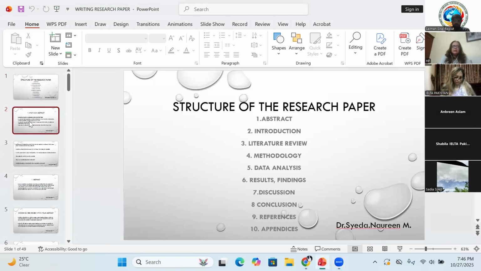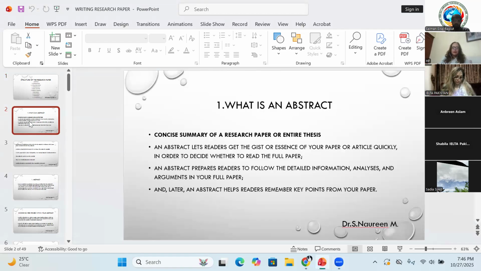Now, next is your abstract. This is a concise summary of a research paper, of your entire thesis. An abstract lets readers get the gist or the essence of your paper or article quickly in order to decide whether to read the full paper or not.